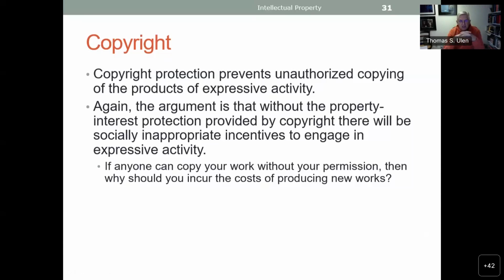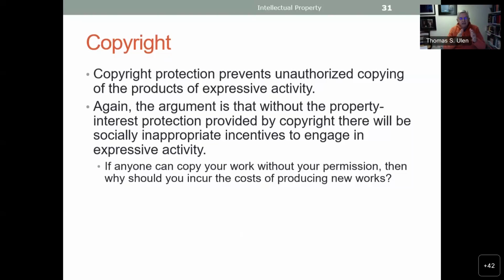Now, I don't want to defend exactly that rule on the basis of economics. My principal point here is two. First, the duration of copyright of a property interest in expressive activity is like the duration of patents, limited in time. But unlike patents, the duration of copyright protection has increased over time.